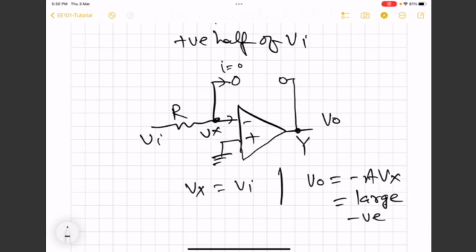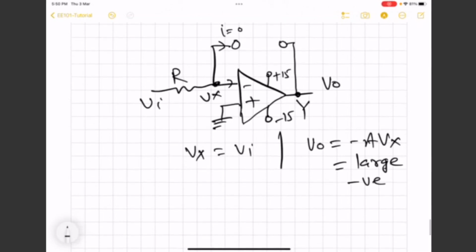Typically this output voltage is either equal to plus 15 volt or minus 15 volt. This is the largest or extreme values possible. So it will turn out that this Vo for this case is going to be minus 15 volts. Sometimes we use plus minus 12 volts, but they will always be symmetrical, whatever may be the value.